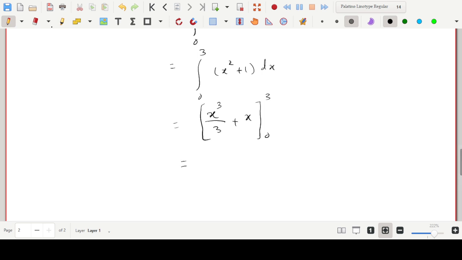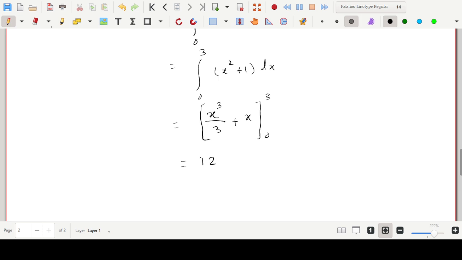So after substituting x equal to 3, we have 9 plus 3, 12, minus 0, so 12. So that is how we do it.